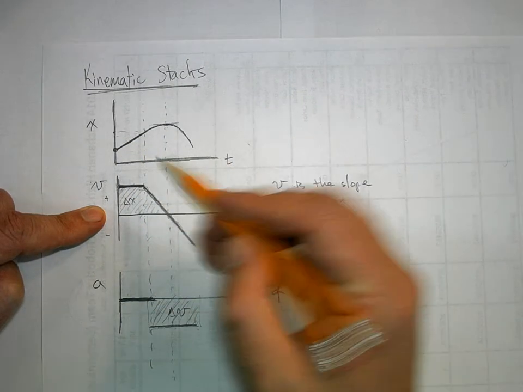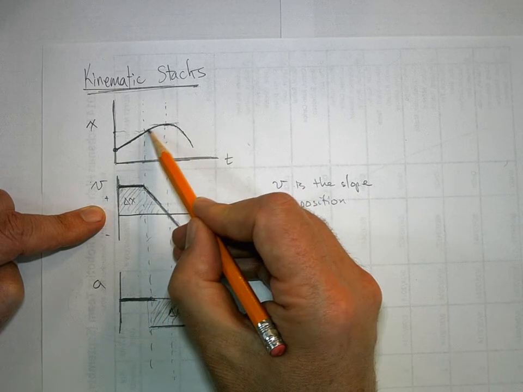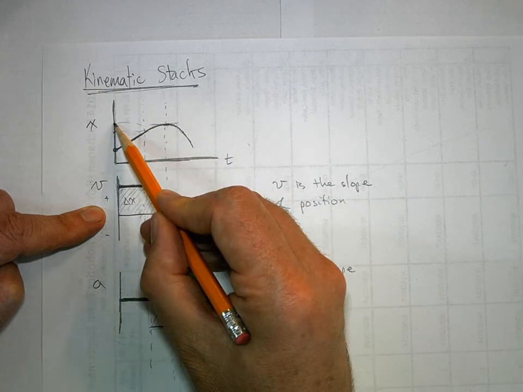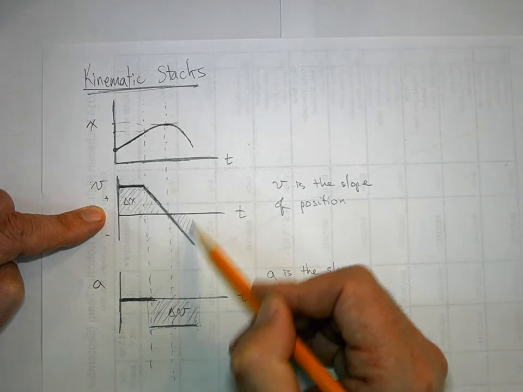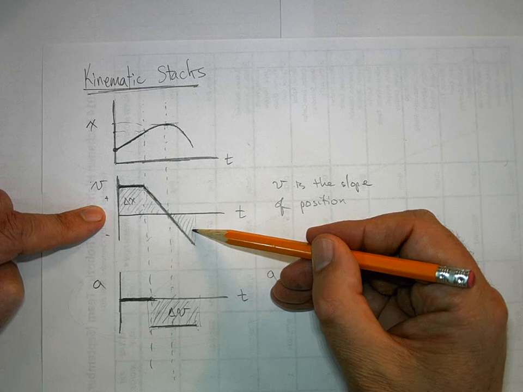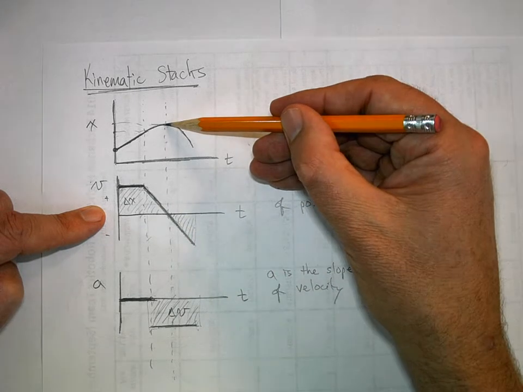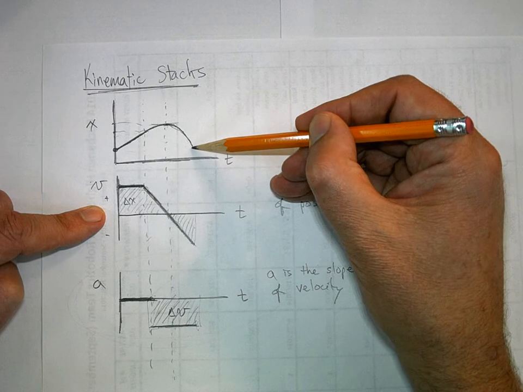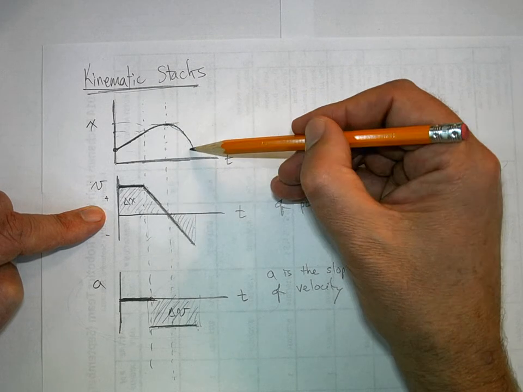That's another change in position from here up to here. And then what about this area right here? Oh, notice that that's a negative area, isn't it? This is negative because my change in position will be in a negative direction. We started here and we went down to here.